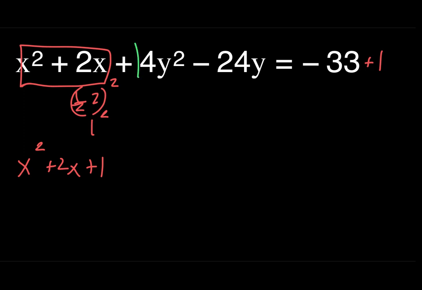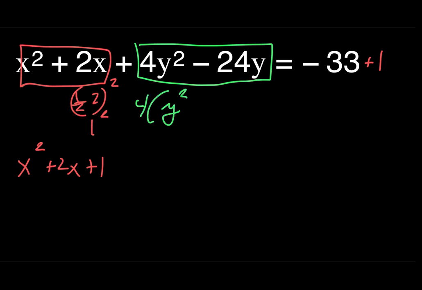Before I can do completing the square, I need the first value. I need that y squared coefficient to be 1. In order to do that, I need to factor a 4 out of it. So I factored a 4 out of both of those that have a y term. And then I'm going to leave this as plus something for right now.